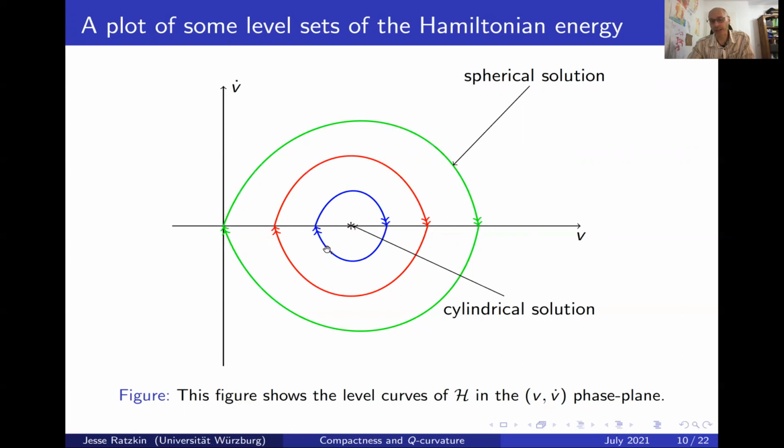For all of the energy levels between the cylindrical energy and the spherical energy, which is 0, the corresponding solution curve in phase space is a closed bounded curve like this. These closed bounded curves are exactly the level sets of my Hamiltonian energy.